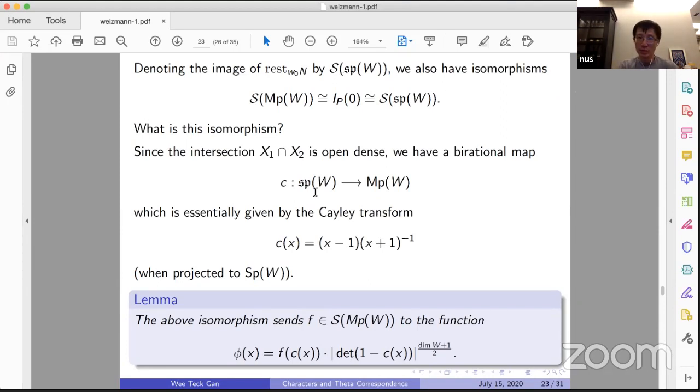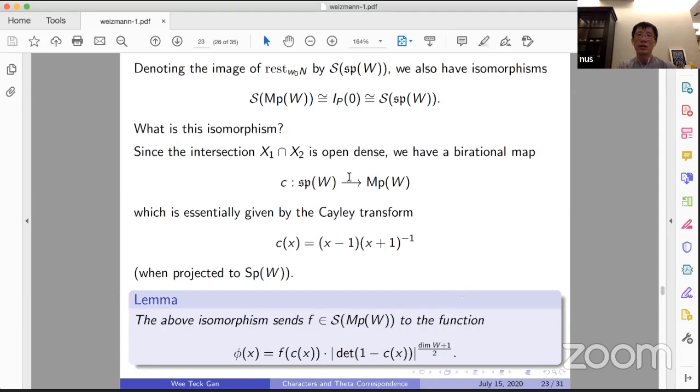So it's basically just the Cayley transform, twisted. The isomorphism sends a test function f on MPW to a function phi on the Lie algebra, and they are related in this way: you pull back f by the Cayley transform, weighted by this factor.